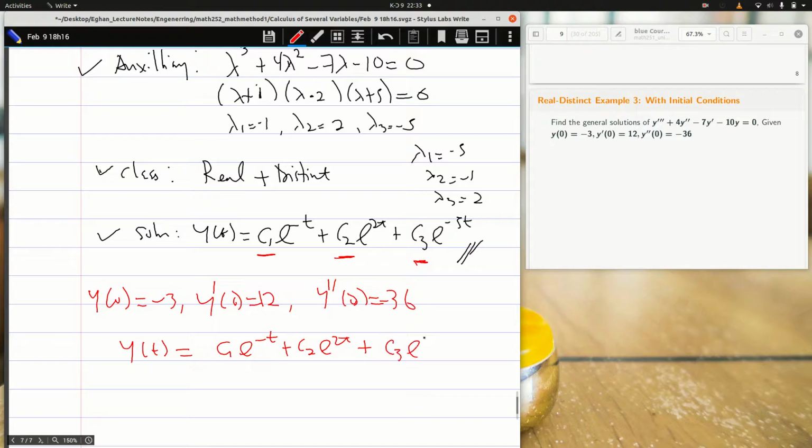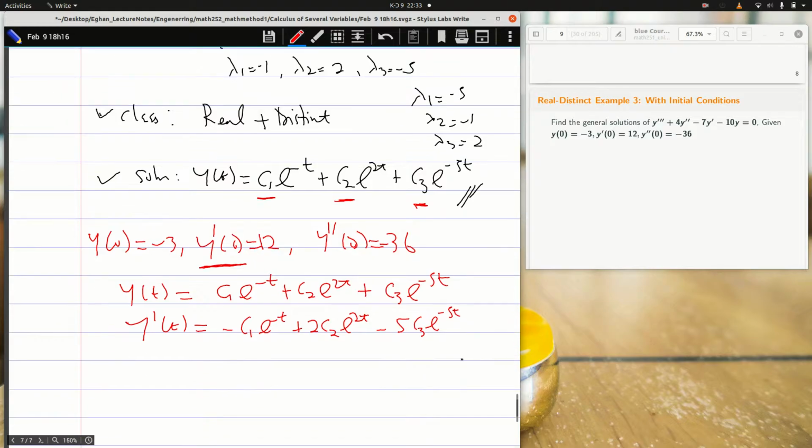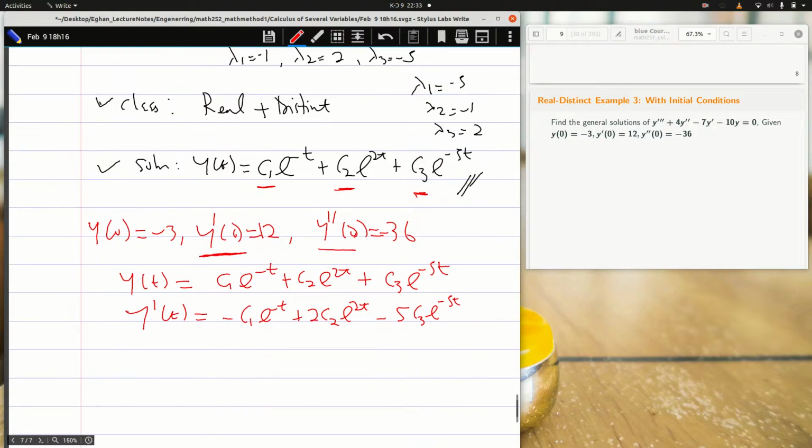You realize that I will need the first derivative. What is the derivative here? I get -C1 e to the negative t, and so on. This is differentiation, so it shouldn't be so hard to do. And then I also need a second derivative, so I'll quickly do that.